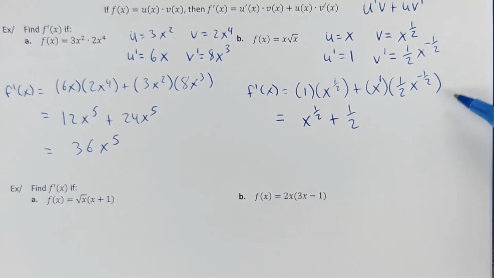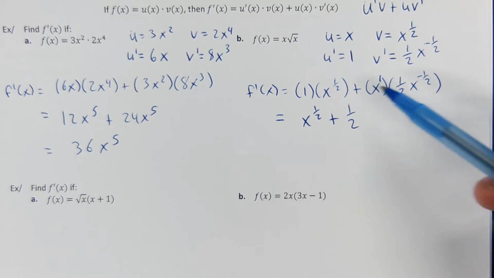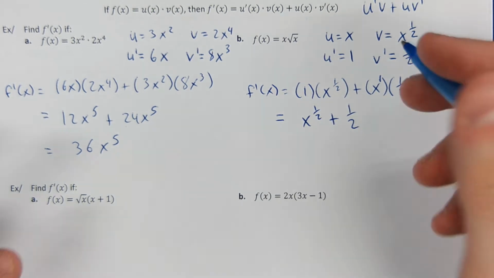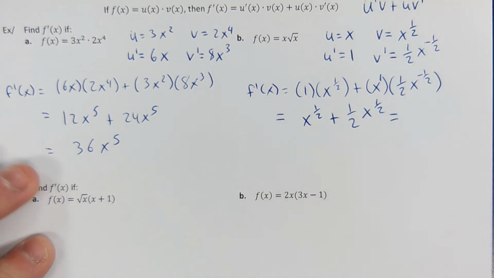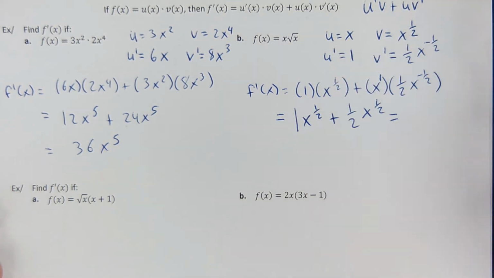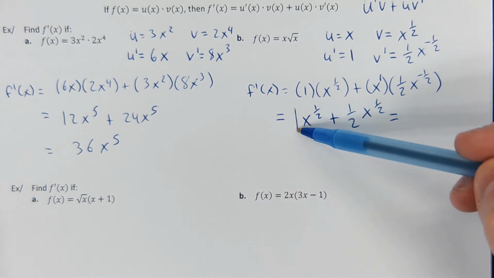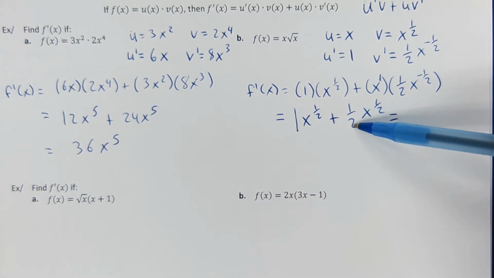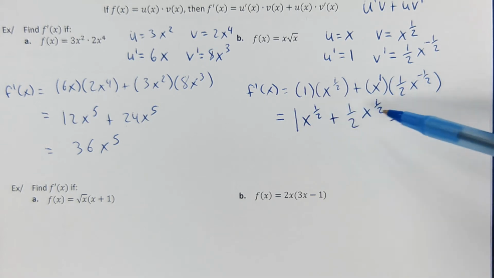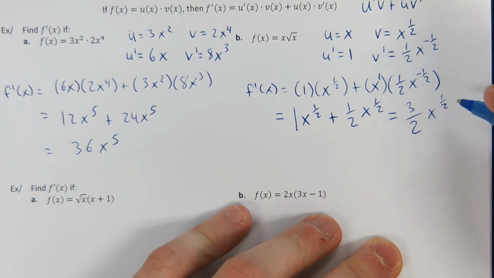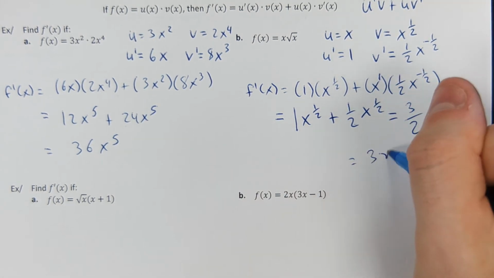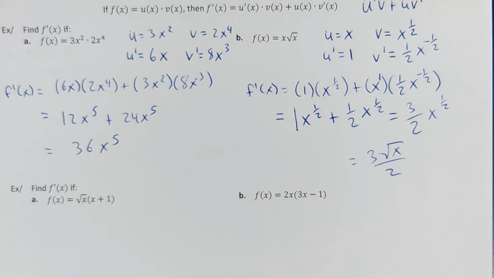You know, when you multiply two numbers of the same base, you just add their exponents. So the 1 and the negative 1/2 end up adding to a positive 1/2. And there is a coefficient sitting in front of this x, a 1. So I now have 1.5, or 3/2 of these things. I have 3/2 x to the 1/2, which is 3 root x over 2. Again, much more complicated to do it this way, but the point is, it works.